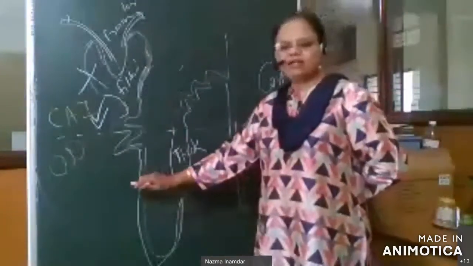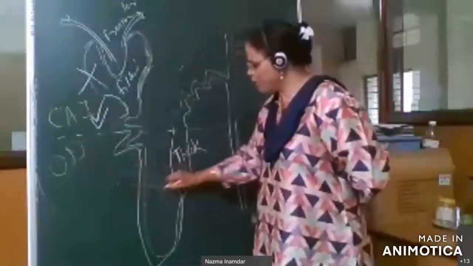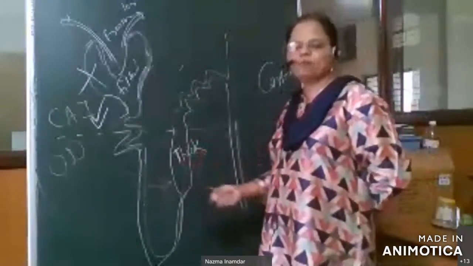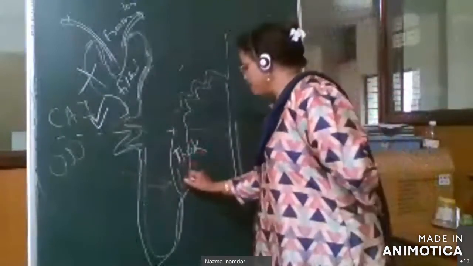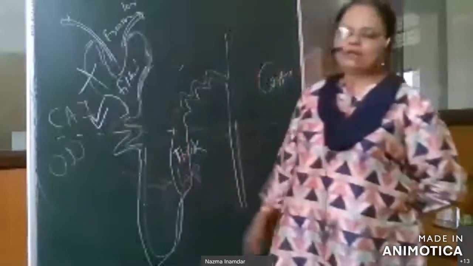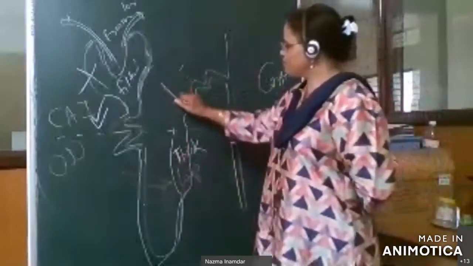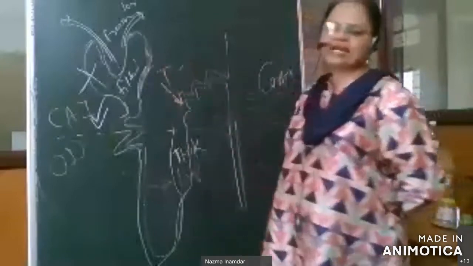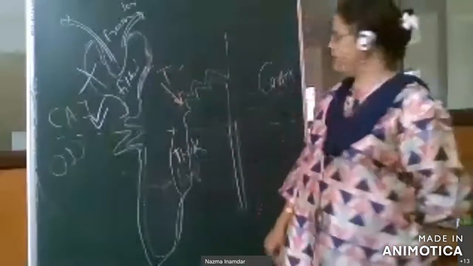Then you will have compounds which act on the loop of Henle, especially the thick ascending loop of Henle; from the name itself, these are loop diuretics. The compounds which act on the distal convoluted tubule are thiazide and thiazide-like diuretics.